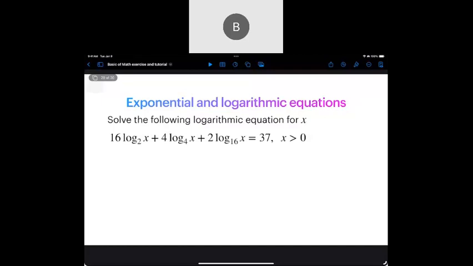It is quite advanced and difficult, I think, compared with the previous questions.